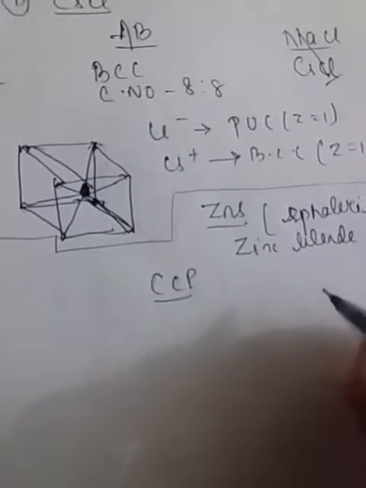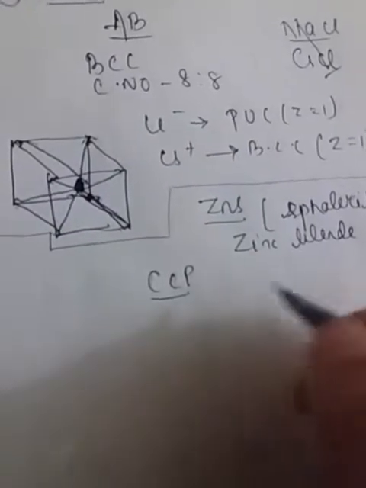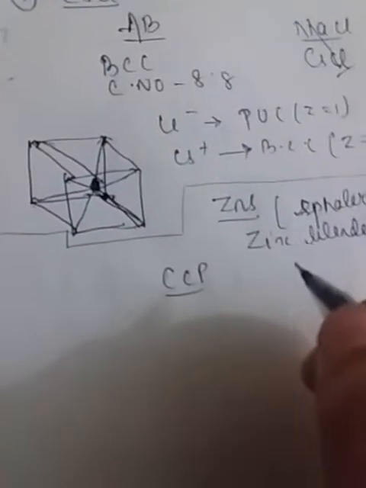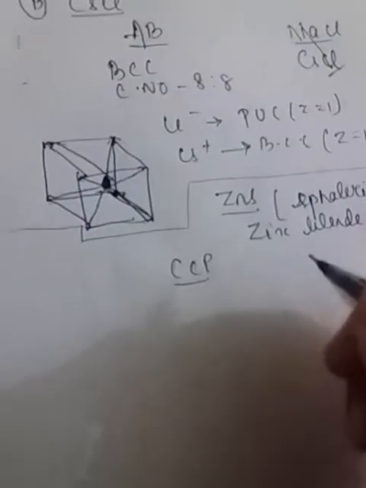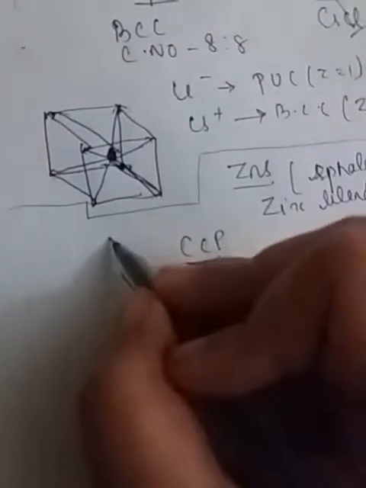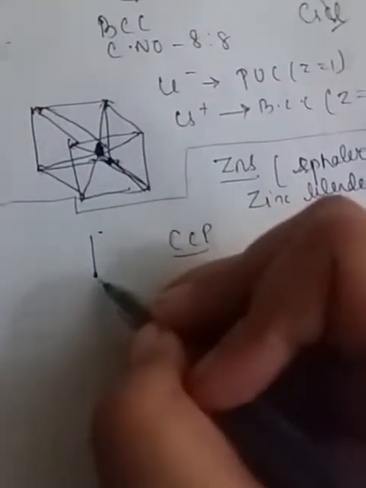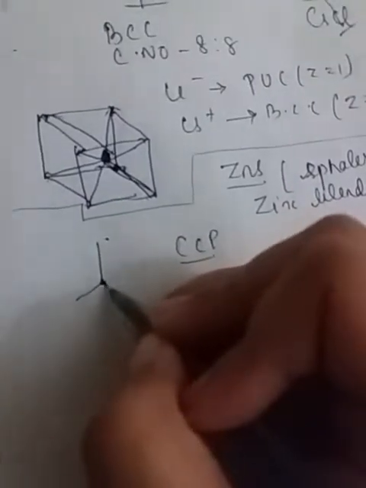S2 minus forms an FCC, cubic. Zn2 plus are surrounded by 4 S2 minus tetrahedrally. What was the tetrahedral arrangement? Here one, here one, here one, and here one.